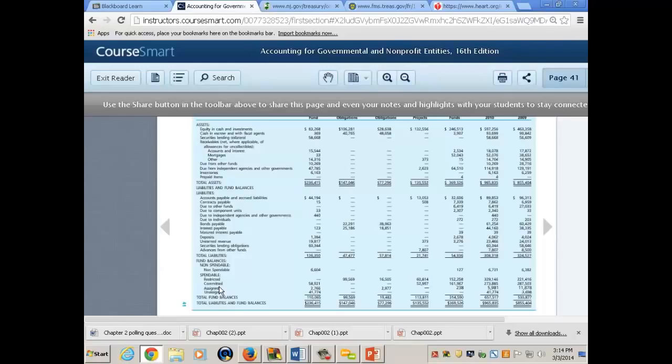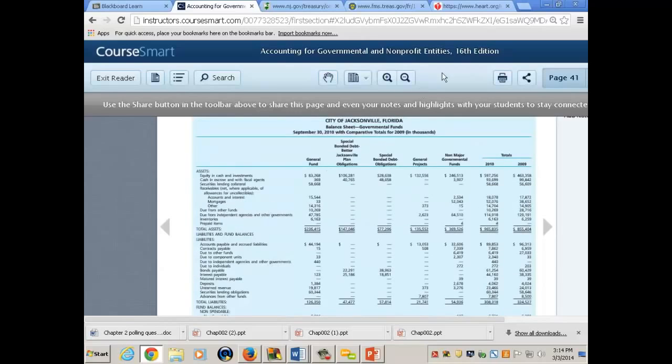Yep. The asset side says due from other funds. Yes, those are inter-fund transactions. That's what that is. And actually, I'm glad you asked that question because up on the top are these special funds. These are the general fund, the special bonded. These are all listed here.